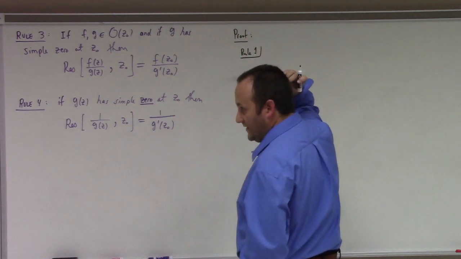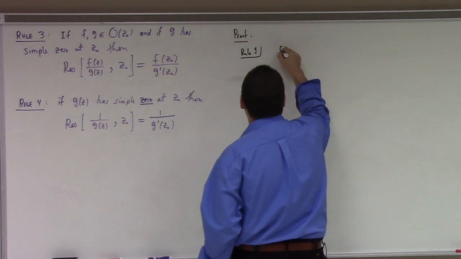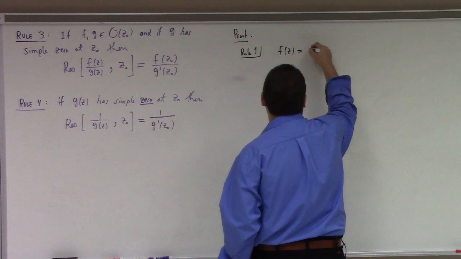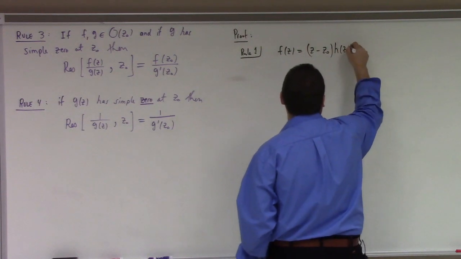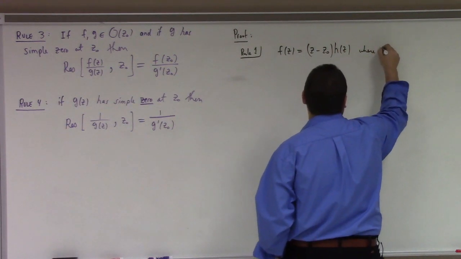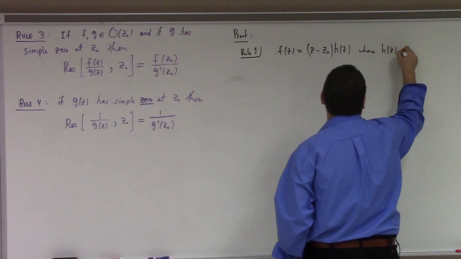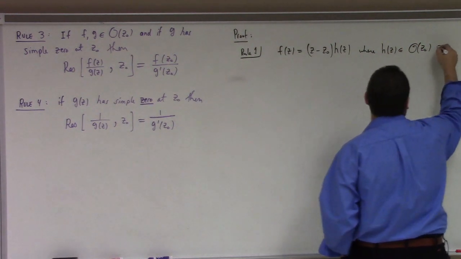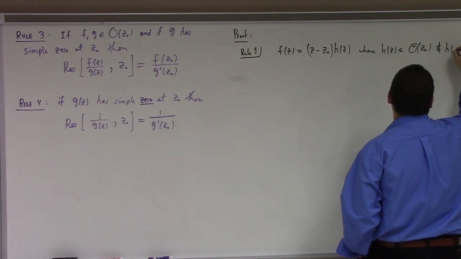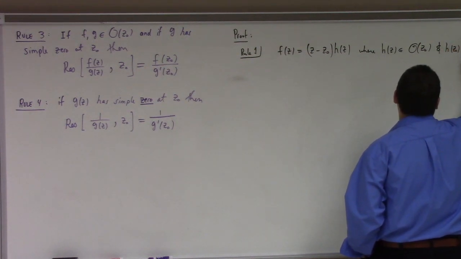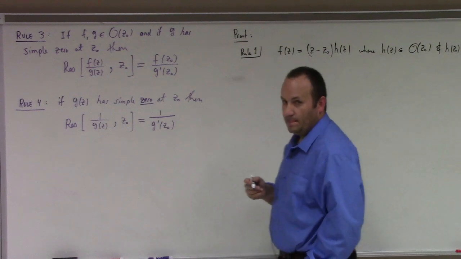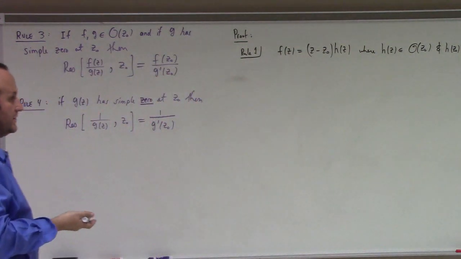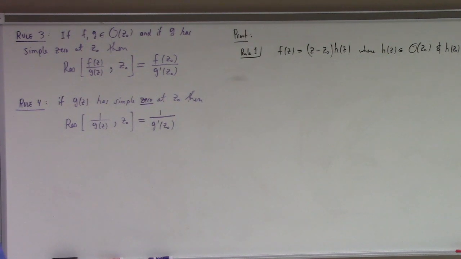So let's assume that f has a simple pole. Then f of z equals z minus z naught times h of z, where h of z is holomorphic at z naught, right? And h of z naught is not equal to 0. This is what it means to say that f of z has a simple pole.